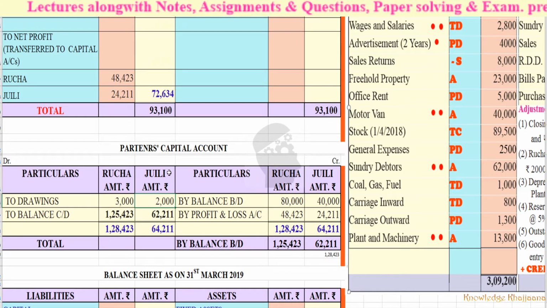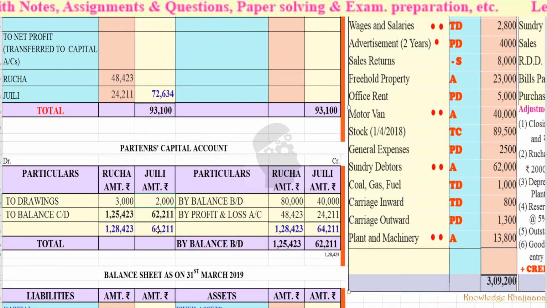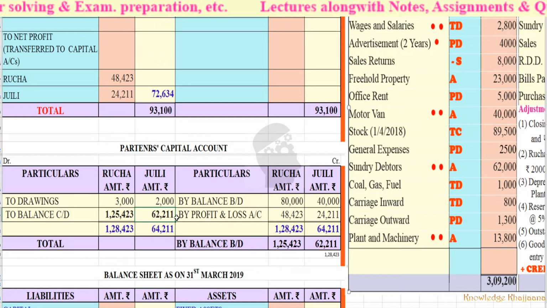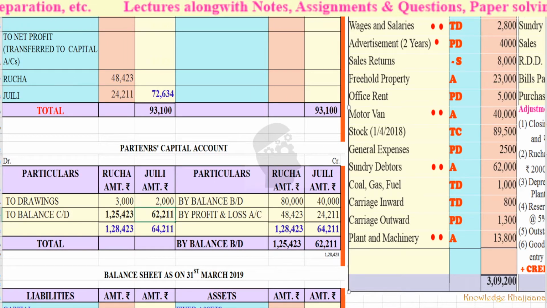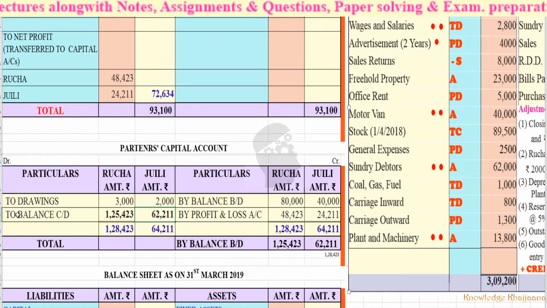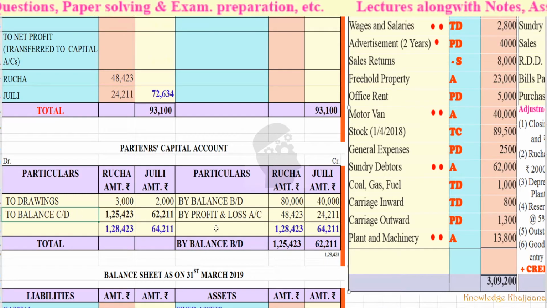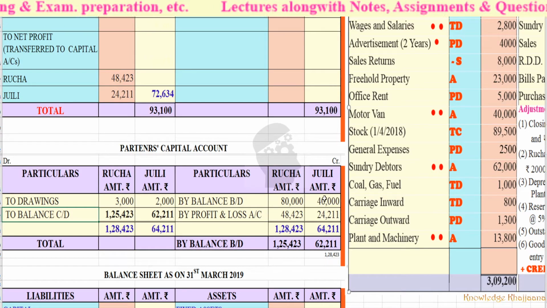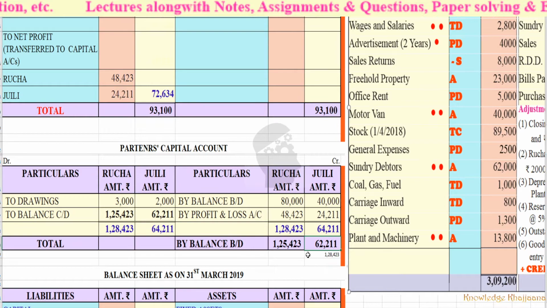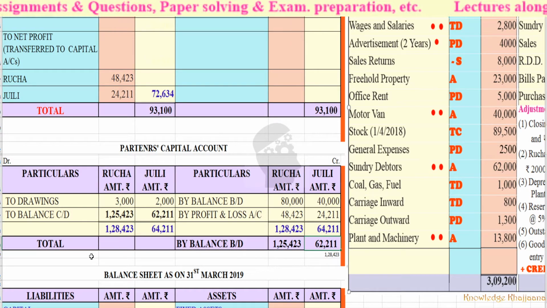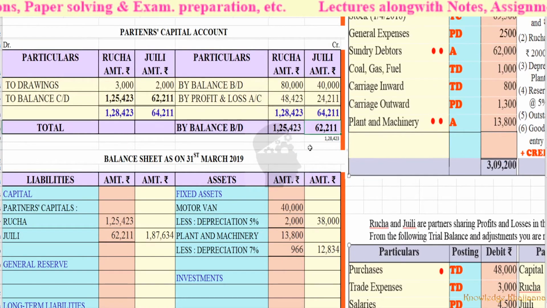Okay, so Julie's remaining capital is rupees 62,211. So this 62,211 closing balance capital of Julie will be brought down to next year, and these amounts will carry to the partners' capital account in the balance sheet, same amount.